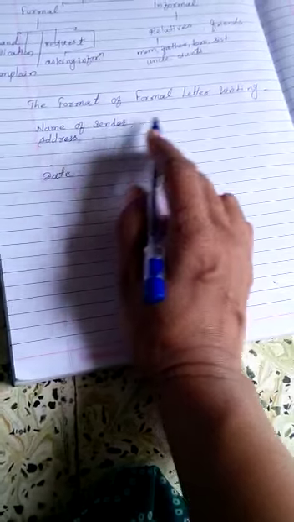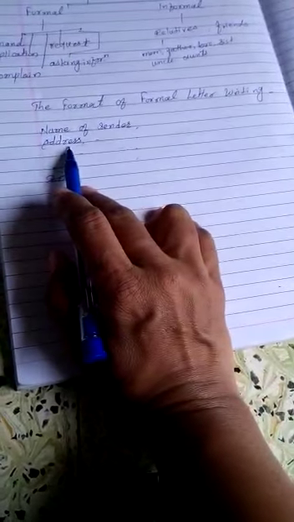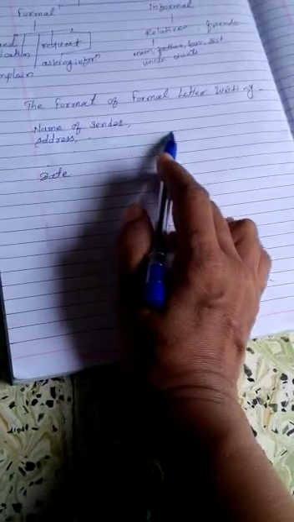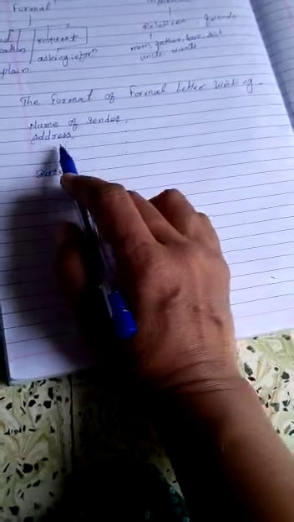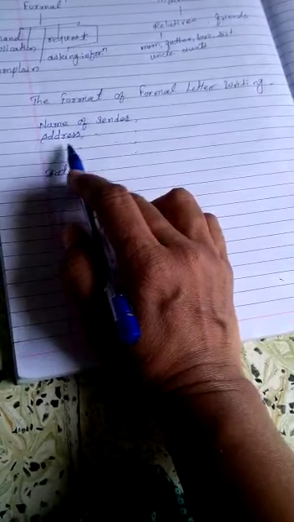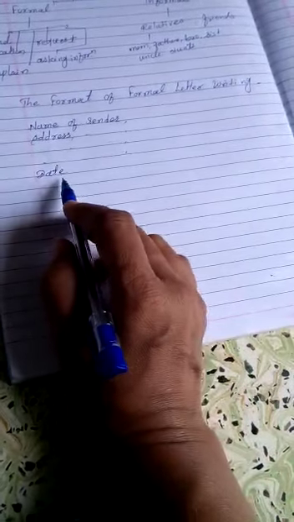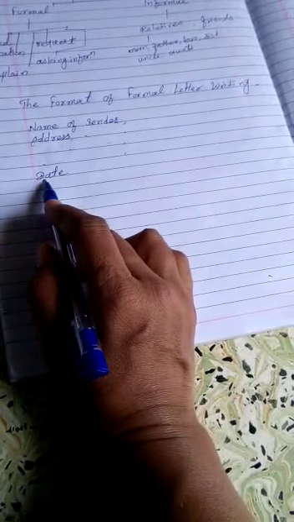Means name of sender, leave the line. Write the name of the building, leave the line. Write the name of the colony, leave the line. Write the name of city, leave the line. And after that you have to give the date.